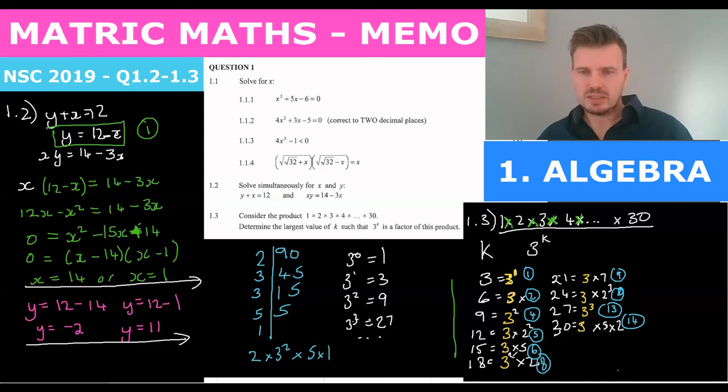Just double check that. Yeah. Okay, so altogether you would have 3 to the 14. Therefore, k is equal to 14.